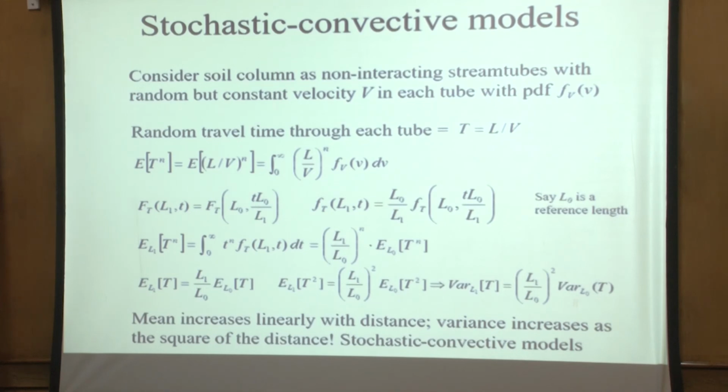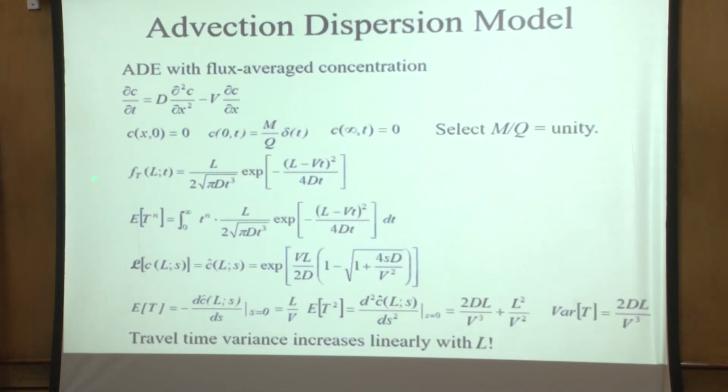Something else to think about is this. We have these models, like the advection dispersion equation model, which is over here, or like the log normal distribution, which has two parameters, mu sub y and sigma y, but they don't tell you what L is. Or you have the gamma distribution, and depending on how it's defined, you have alpha and beta parameters. What makes these models stochastic convective models?